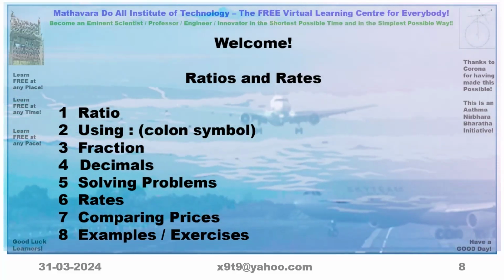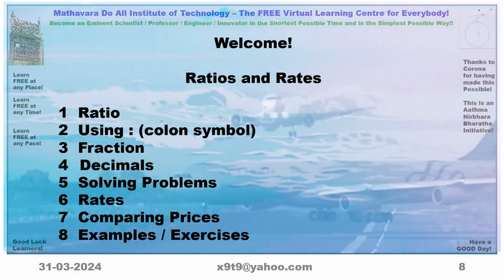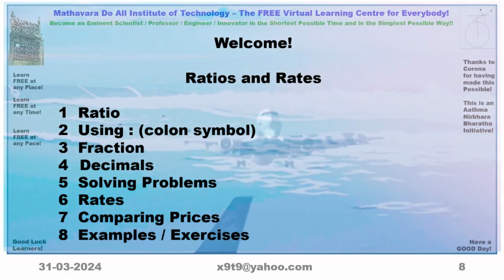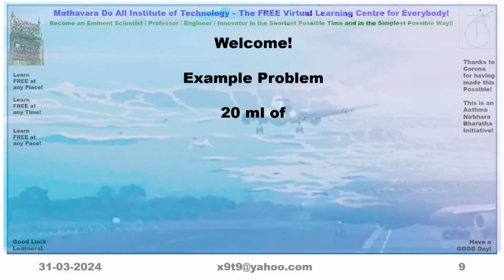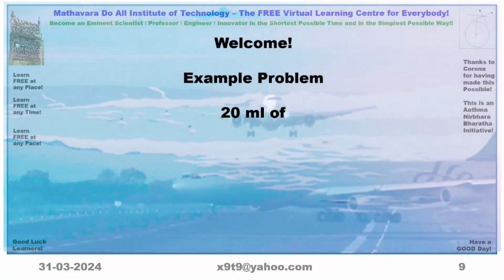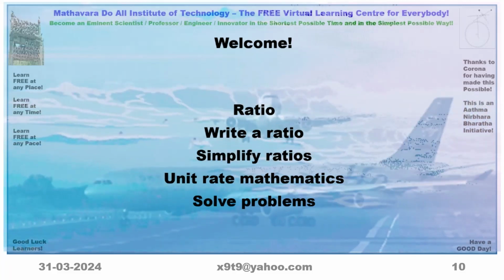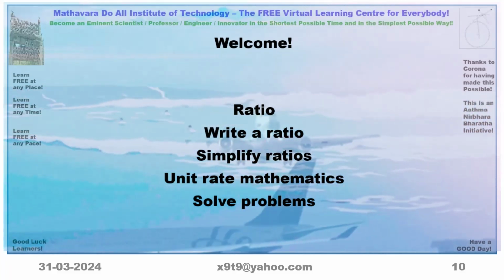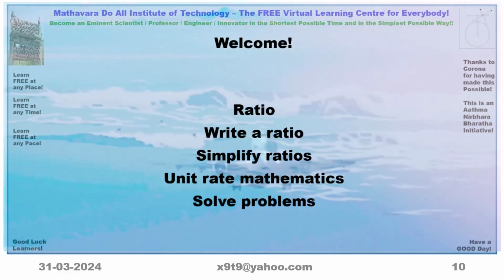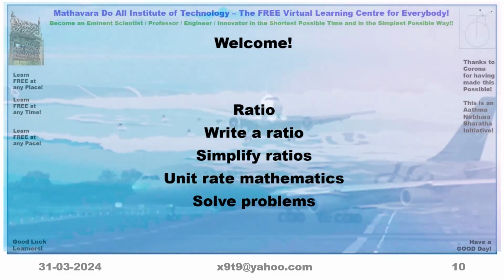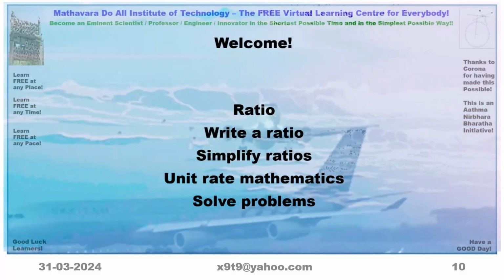Then solving problems, comparing prices, exercises and examples we will do. First we will see what a ratio is, how to write it, simplification of ratios, unit rate, and solving problems.